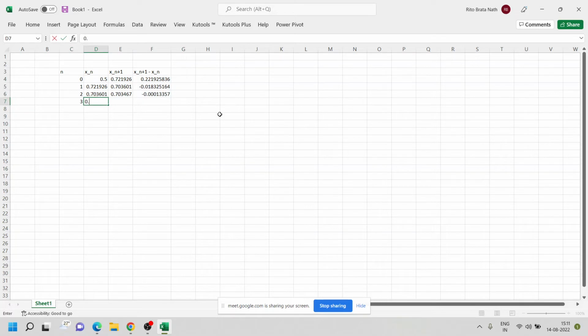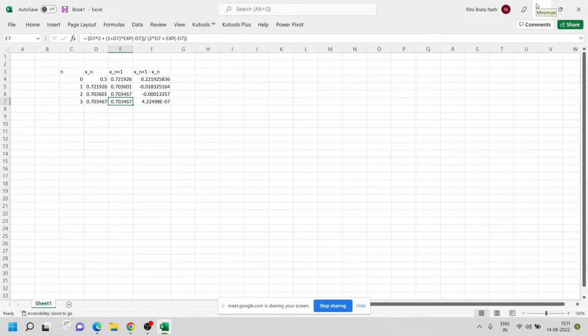Now it's 0.703467. Here we'll see that it's already less than 10 to the power minus 6. So your final answer is 0.703467. This is all about the Newton-Raphson method. I think you can easily solve this problem.